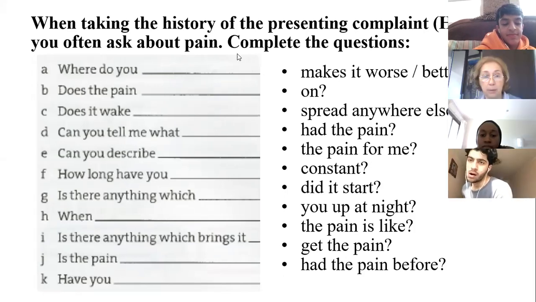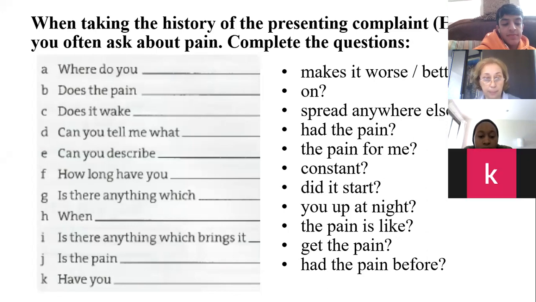students... when did it start? Yes. Okay. When did it start? Right. And Khatab, please. The next sentence. Is there anything which brings it on? And Abdullah. Is the pain constant? This is about the character of pain.